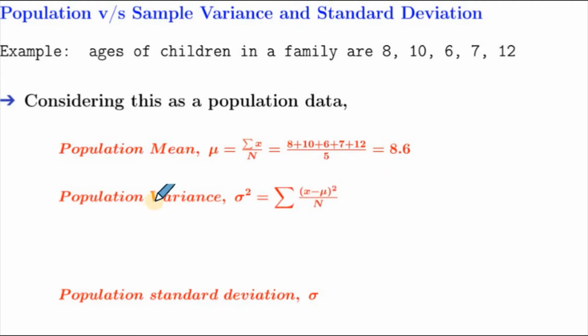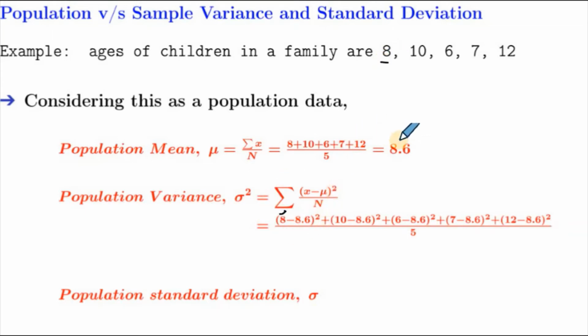Let's look for population variance. So this is the formula for population variance. Now, let's plug in the data values in the formula. So this 8 comes from our data here, and this 8.6 is our population mean. So looking at the formula, that's how we get 8 minus 8.6 squared.